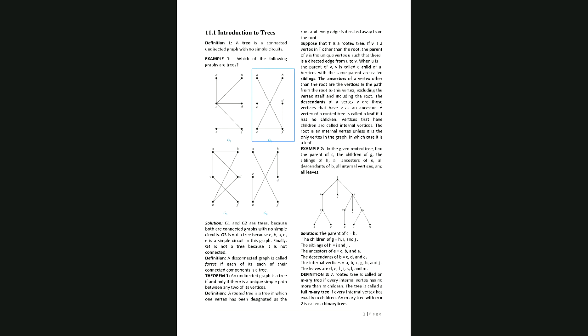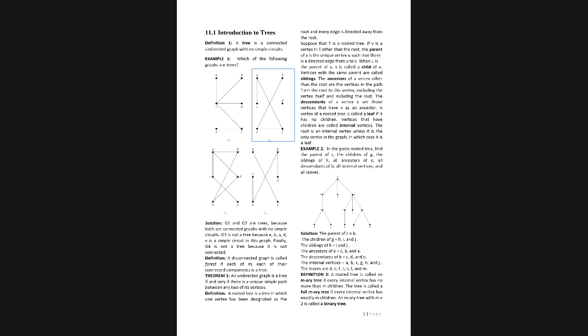Second, we will see here, is this an undirected graph or not? Yes, this graph is undirected because there is no arrow on the edges. Also there is no circuit here. So this graph is also a tree.